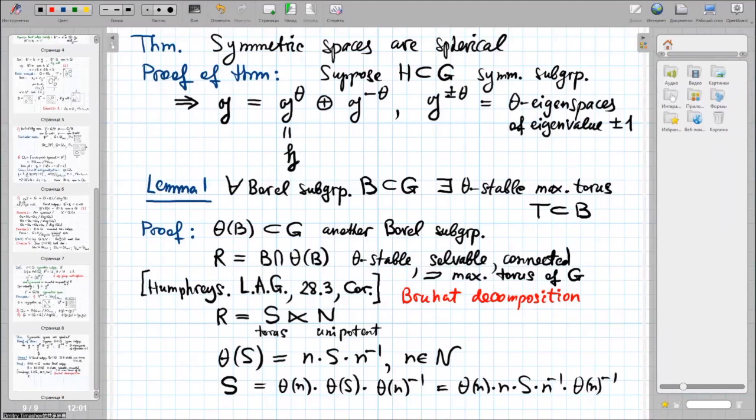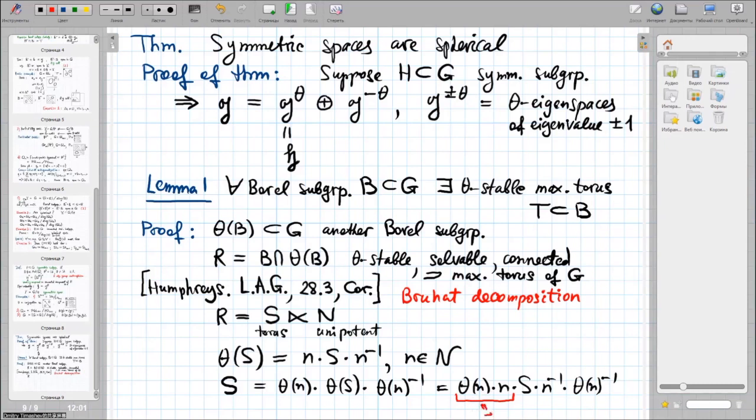So this product, theta of n times n, normalizes the torus S. But maximal tori in connected solvable algebraic groups are self-normalizing. So this equality means that this product is just the unity element.